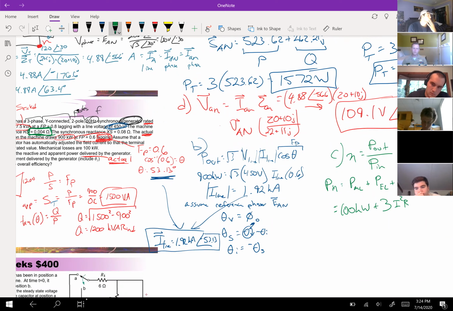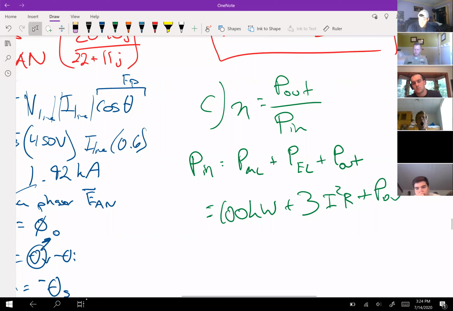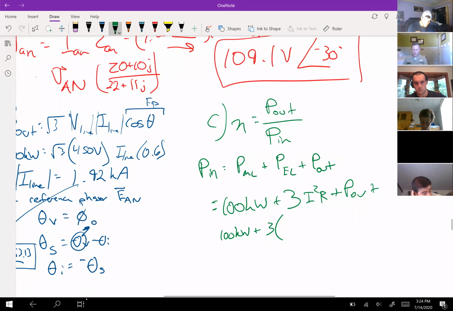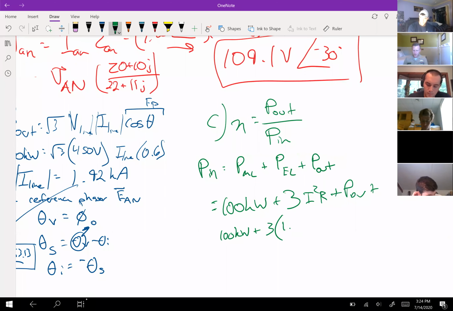P out. So if I plug those in, 100 kilowatts plus 3, the I line was 1.92 kiloamps squared. The R was 0.004, and my P out was 900 kilowatts.